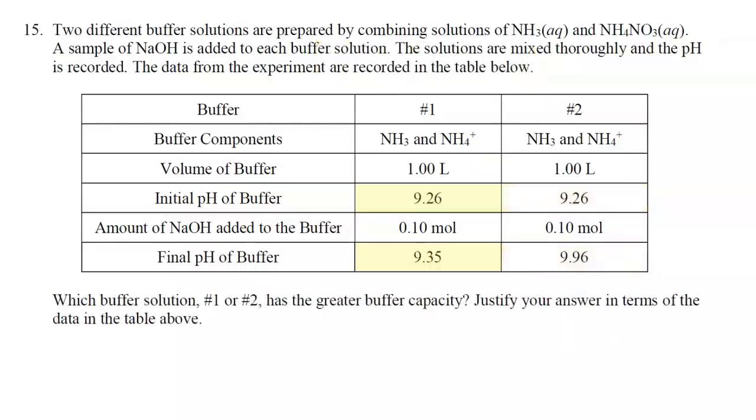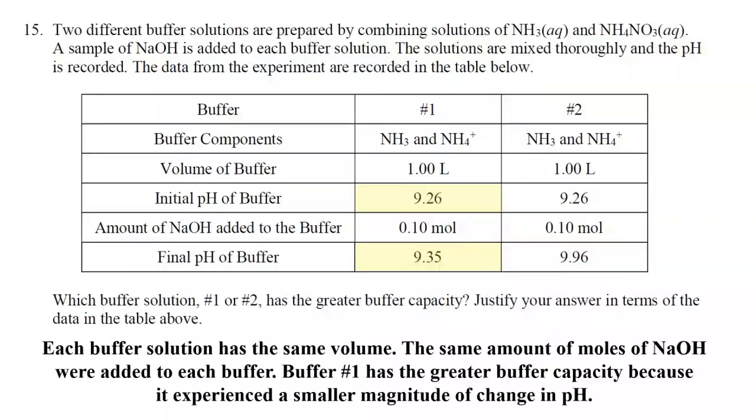So which buffer solution, number 1 or number 2, has the greater buffer capacity? Justify your answer in terms of the data in the table above. So each buffer solution has the same volume, the same buffer components, the same amount of moles of sodium hydroxide were added to each buffer. But buffer number 1 has the greater buffer capacity because it experienced a smaller magnitude of change in pH.